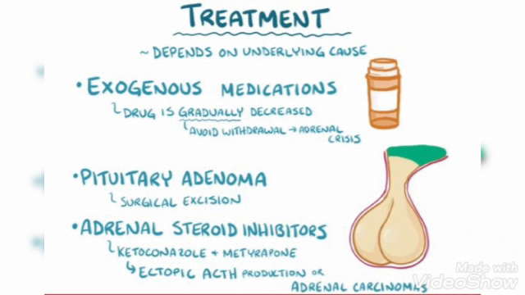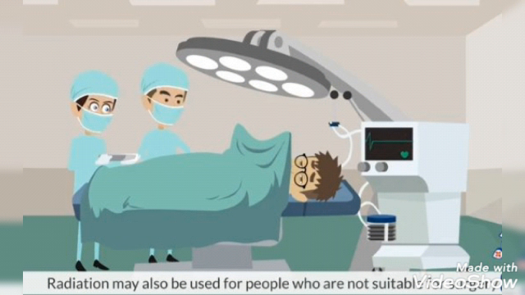Sudden withdrawal will not be done because that will cause adrenal crisis. And if the reason is presence of tumor, that is the pituitary adenoma, then the tumor will be removed. Surgical excision is done. And if patient is not comfortable with the medications and surgery, then radiation therapy is used.